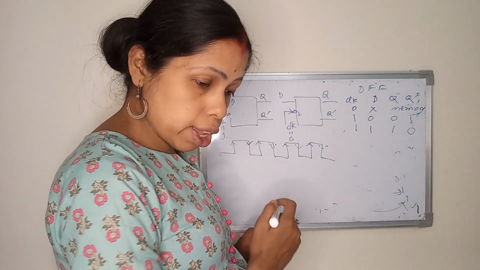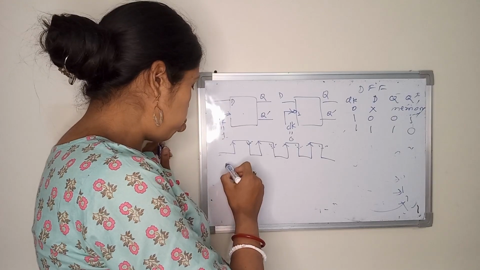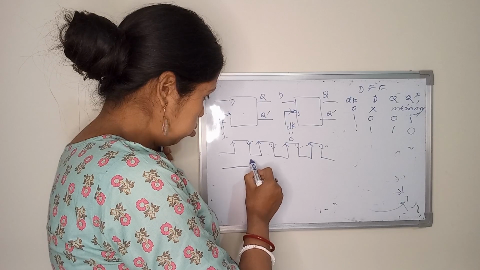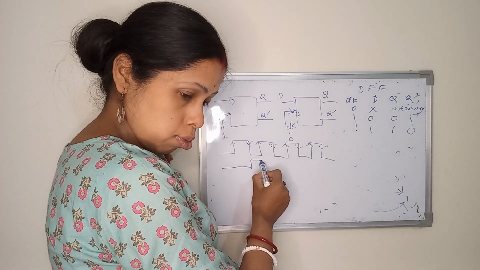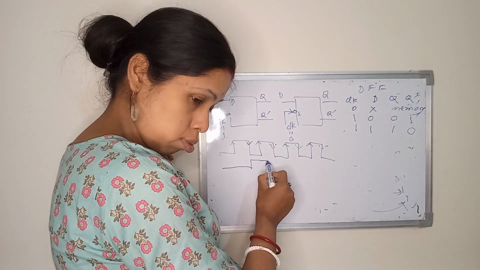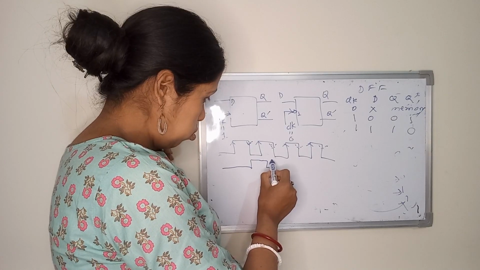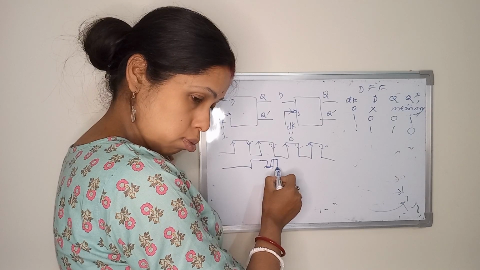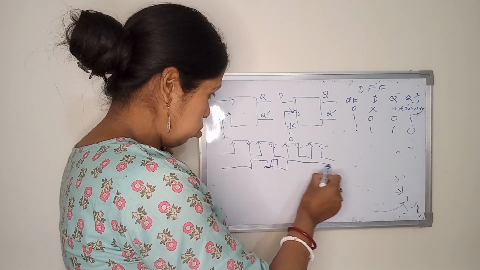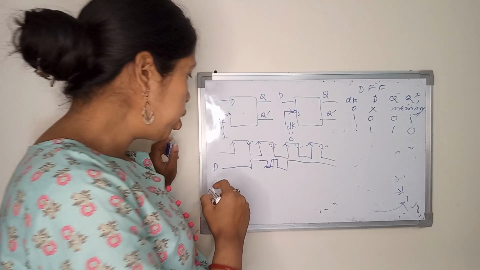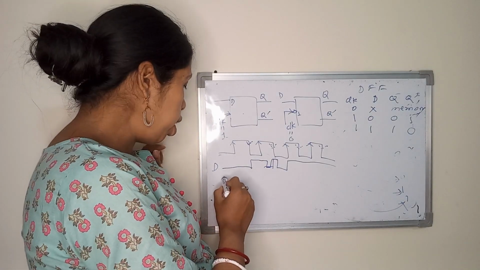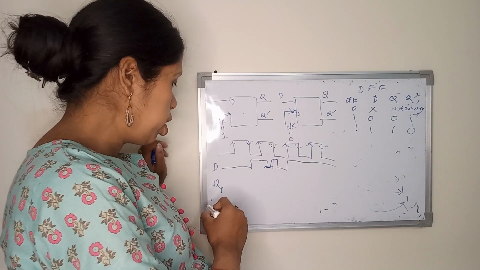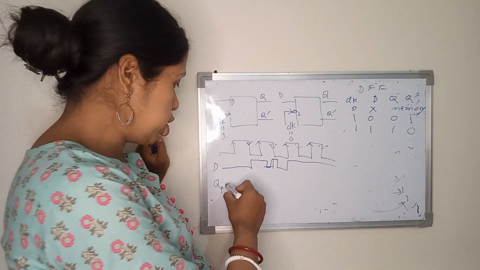Now suppose I am drawing a D input. Okay, this is my D. Now, what will be my Q for the positive edge trigger?